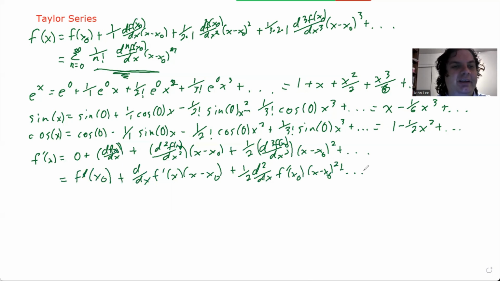So if you take the derivative of the initial function's Taylor series, it becomes the Taylor series for the derivative.